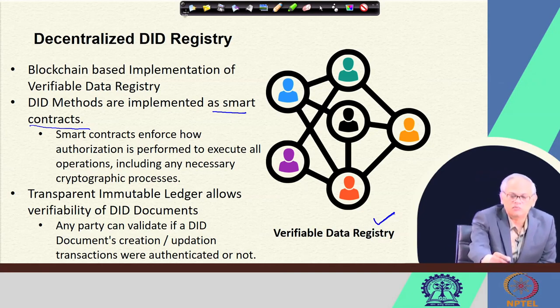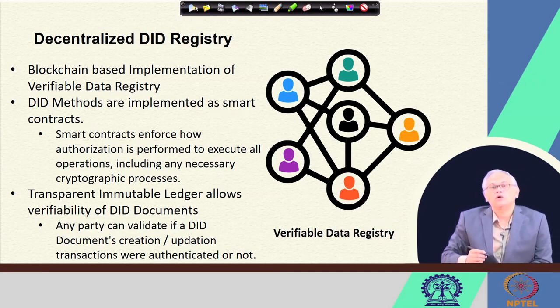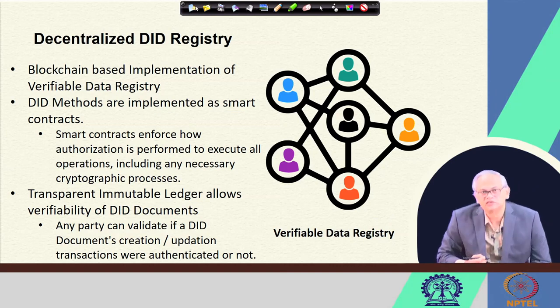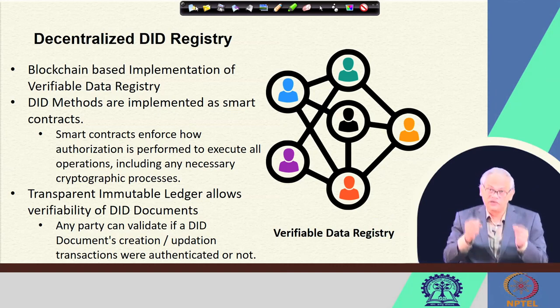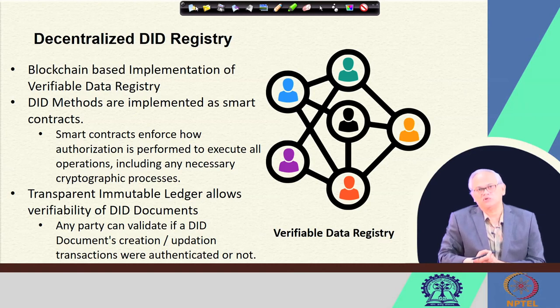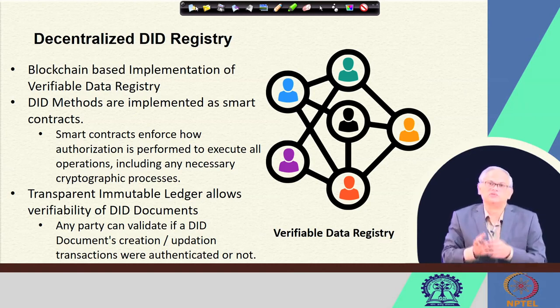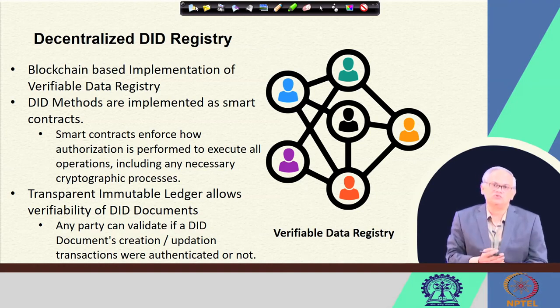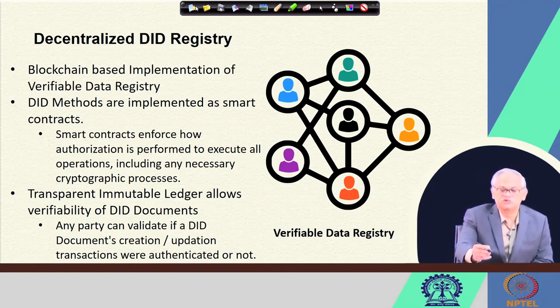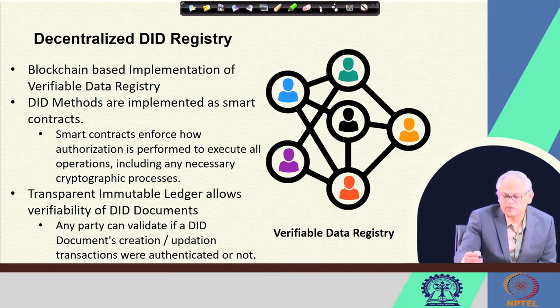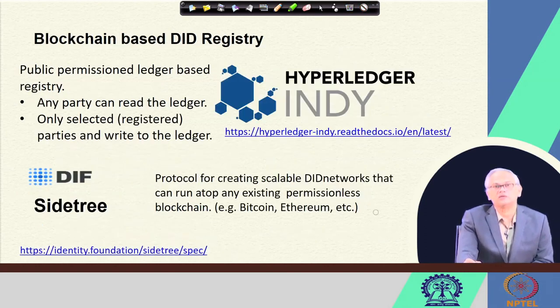So, that is the most important concept, and without blockchains, implementing such a decentralized verifiable data registry is not going to be very easy. This entire blockchain network infrastructure which is available can be made use of for implementing such decentralized and verifiable data registries.